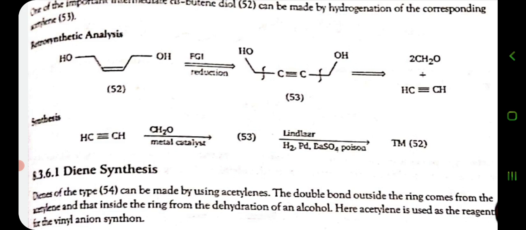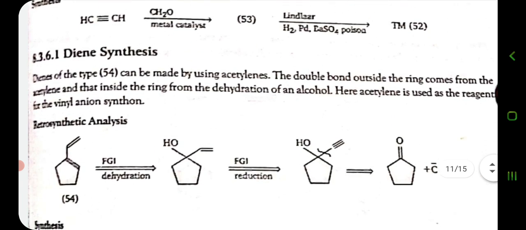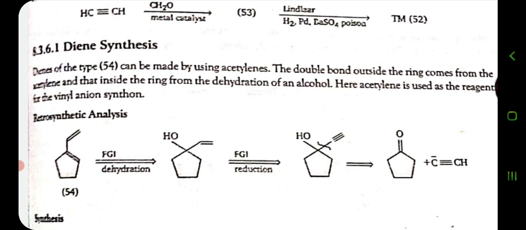Students, in this one group C-C disconnection, diene synthesis can be explained. Dienes of this type, five-membered compounds, can be made by using acetylenes.